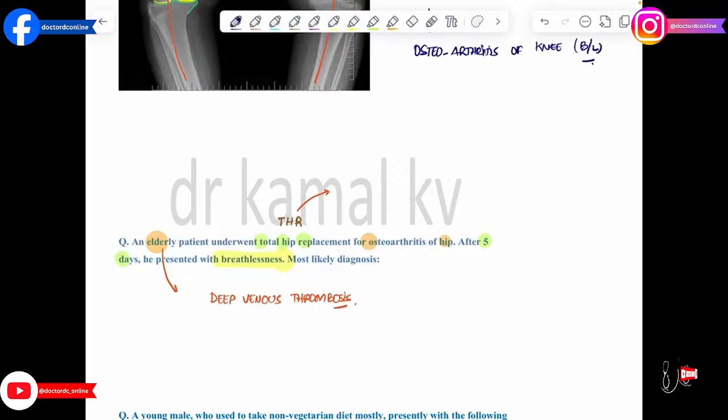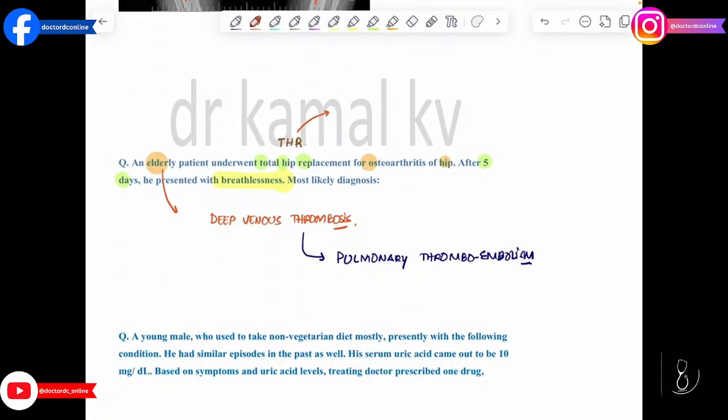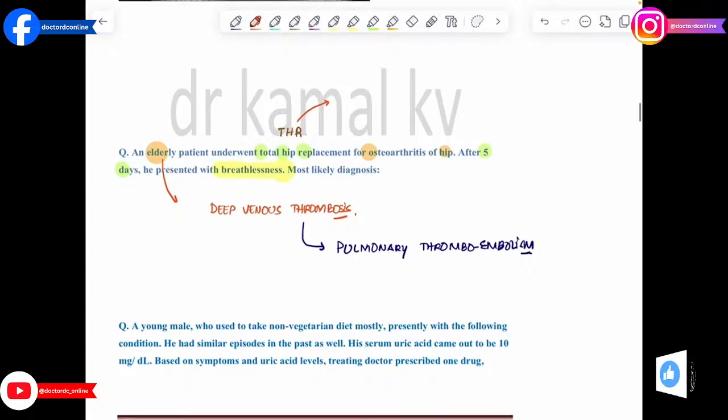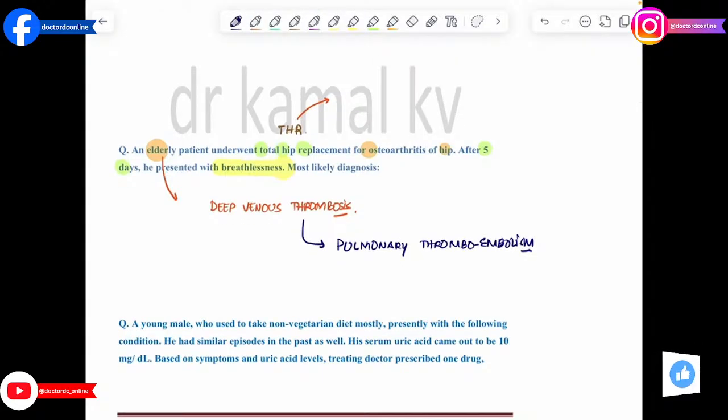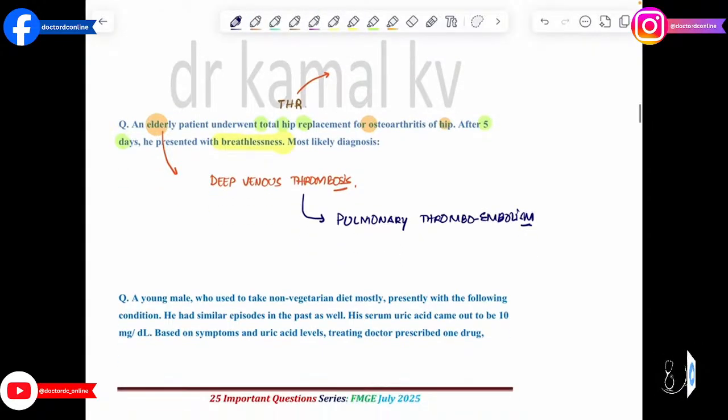and related to this there might be development of pulmonary thromboembolism. So this is a classical presentation of pulmonary thromboembolism, which is consequent to the development of DVT, which is classically seen in long duration surgeries in elderlies or with prolonged bed rest.